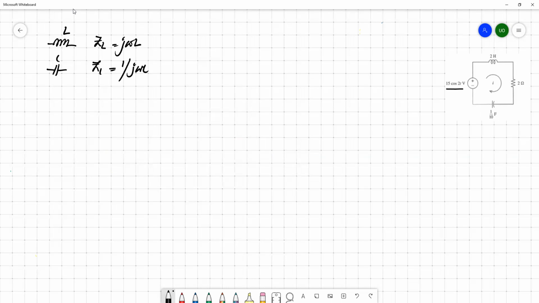So can you convert this circuit diagram to a phasor circuit? So how do you convert it?